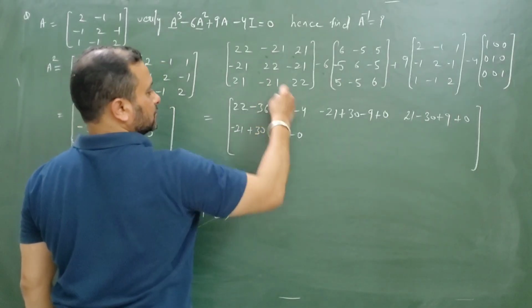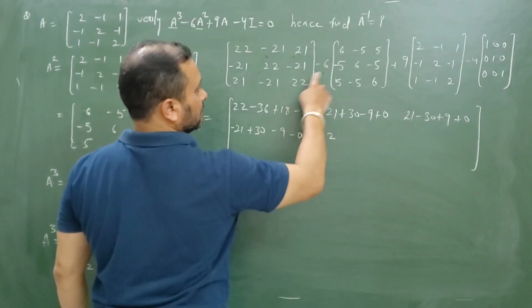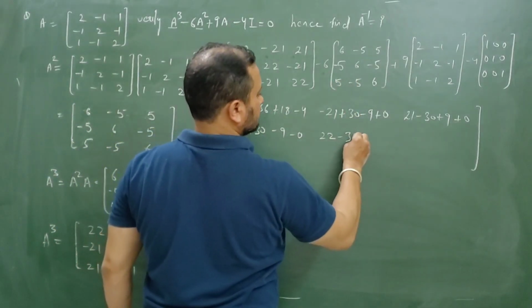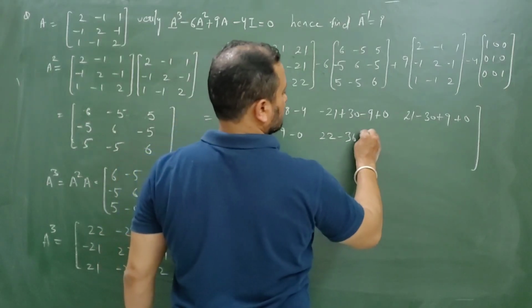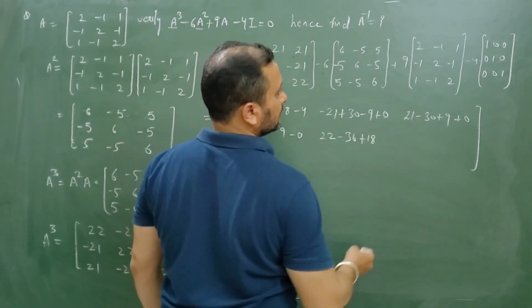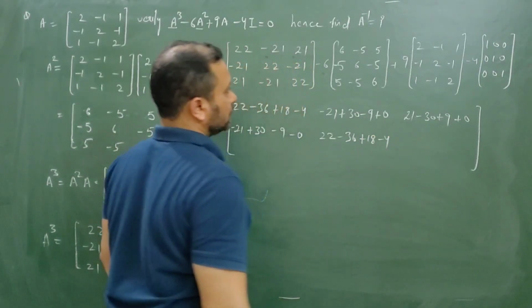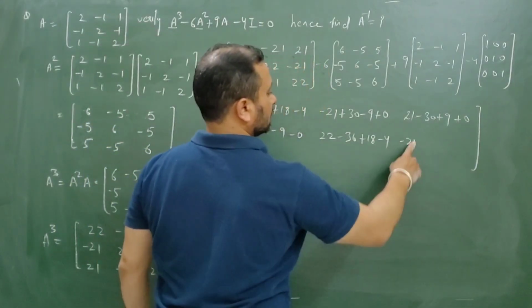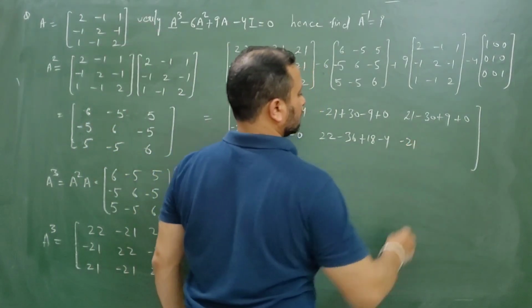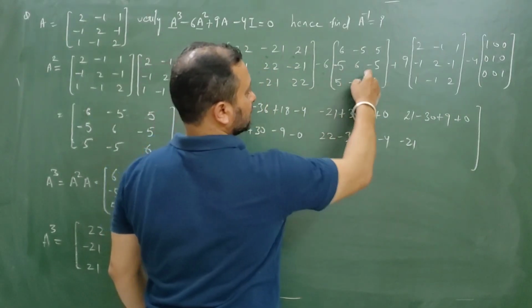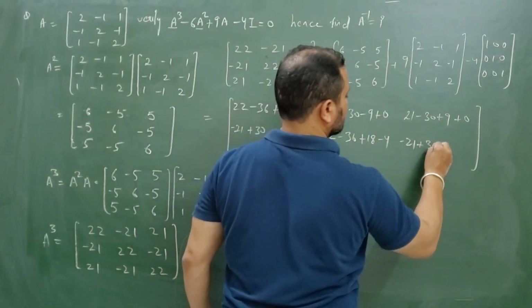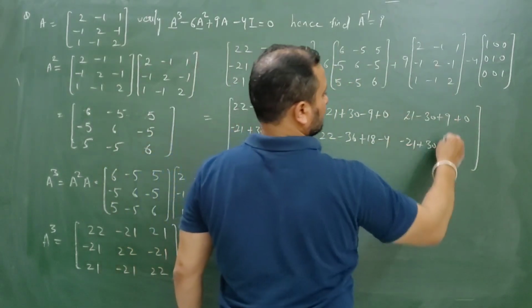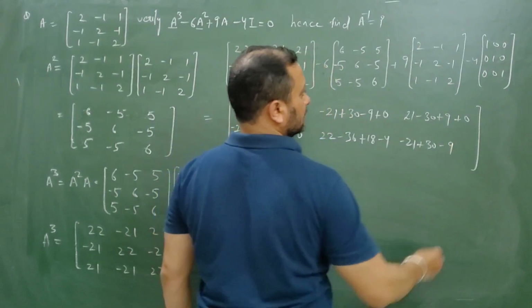The next one is 22, and minus 6 times 6 is 36, 9 times 2 is 18, minus 4. Next, minus 21, minus 21 minus minus plus 30, minus 9.